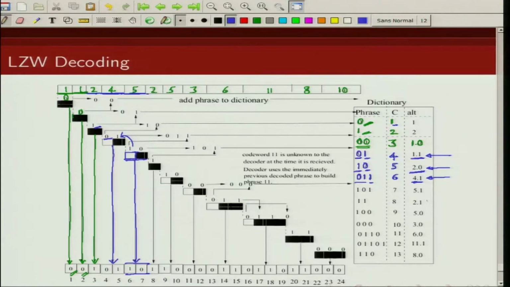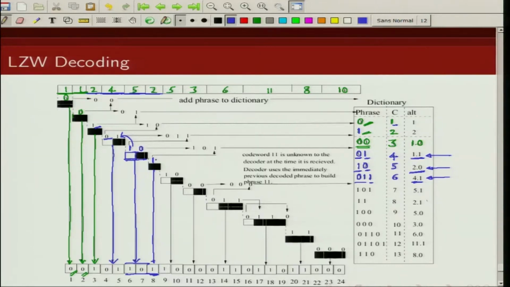Alright. Now the next received code word corresponds to binary coding of 2. So what is 2? 2 is just 1. So this 2 will be decoded as 1. Now the innovation symbol here is 1. The previous string was 1 0.